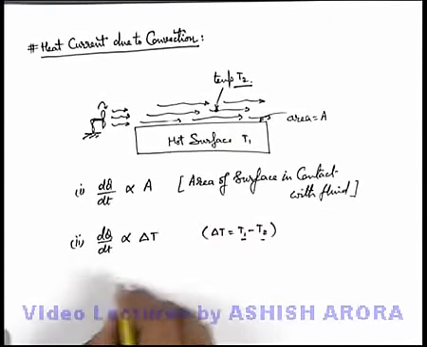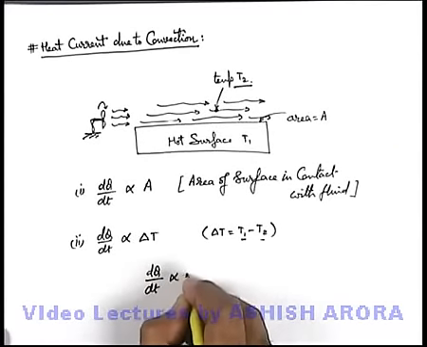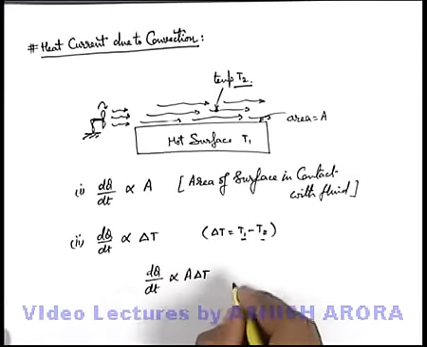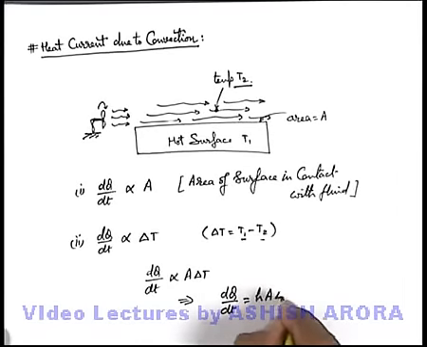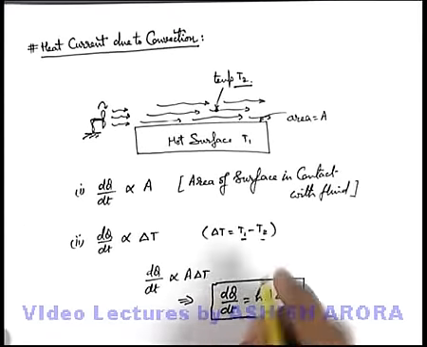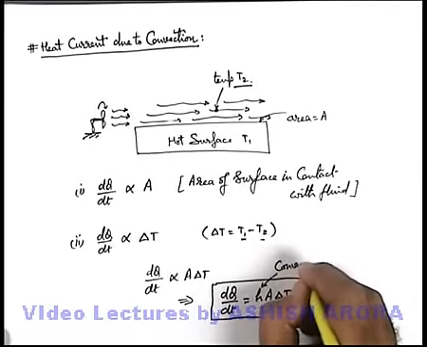So we can write from these two relations here dq by dt can be written as directly proportional to A delta T, or this gives us dq by dt is equals to H A delta T, where H is the constant of proportionality. In this situation we call this H as convection coefficient.